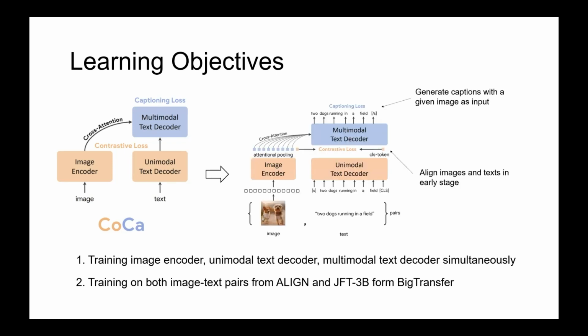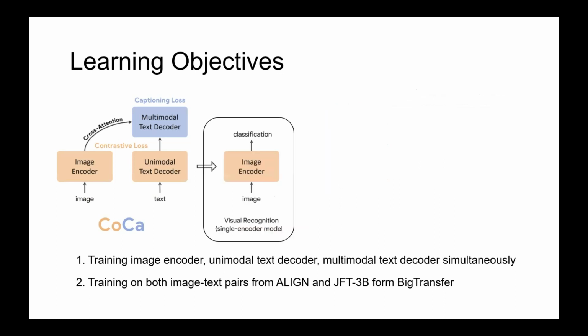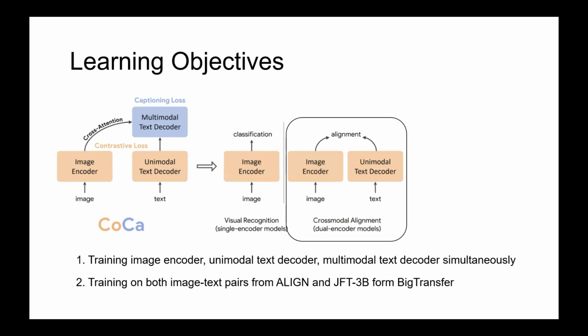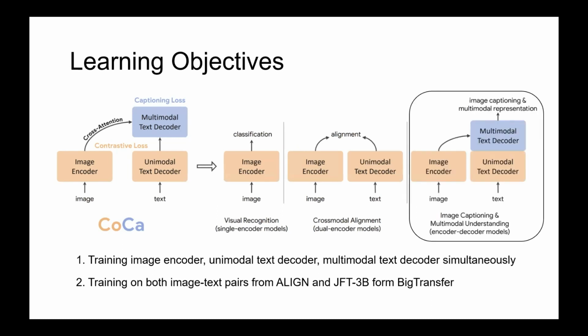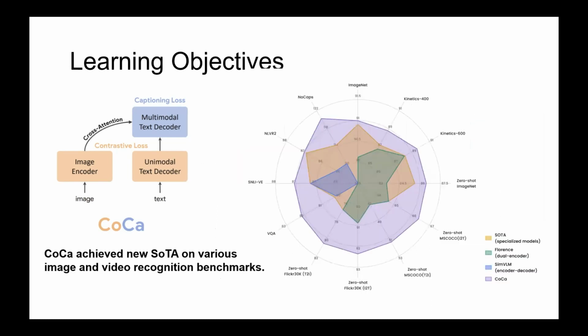The pipeline is pretty simple and straightforward. After training, it can be applied to image recognition, image-text retrieval, and further to image captioning. Finally, it further improves the performance and achieves many different SOTA numbers on different metrics.